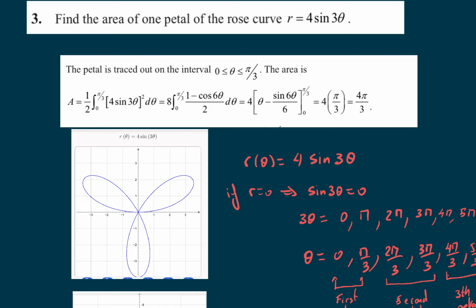Okay, I see that the angle for this petal varies from theta equals 0 to theta something, but I don't know. The problem here is to find the interval, the limits of integration. From theta equals 0 to theta equal, apparently, pi divided by 3. Let's find this theta equal pi divided by 3.